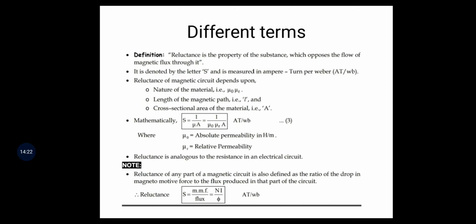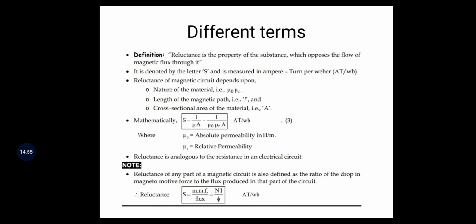Here the reluctance is represented with S. The unit of reluctance is ampere turn per Weber.